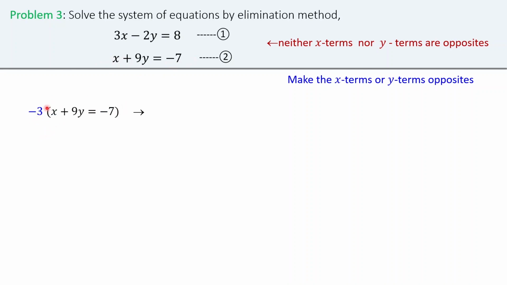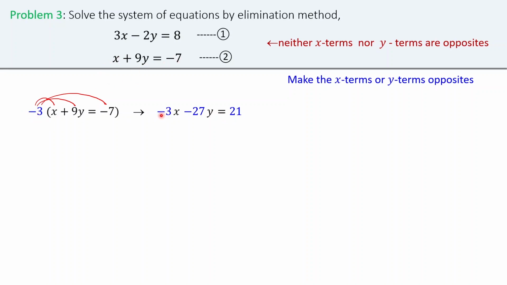Now remove the parenthesis. Negative 3 times x is negative 3x. Negative 3 times positive 9y is negative 27y is equal to negative 3 times negative 7 is positive 21. I took the second equation and multiplied by negative 3.